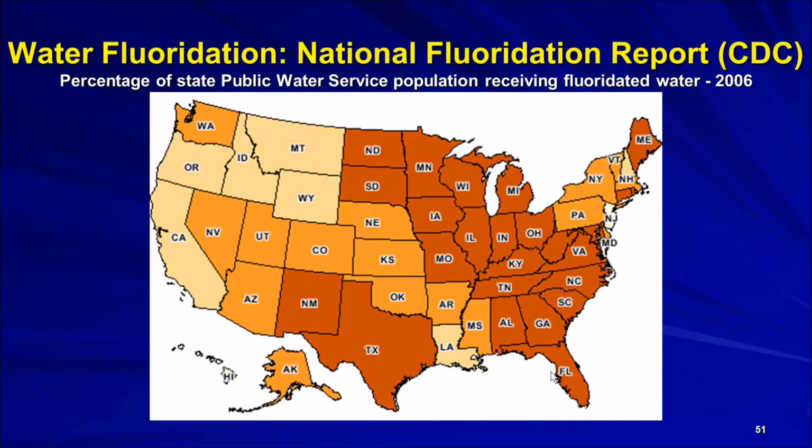The lightest color is through the darkest, and in the darkest, about 75 to 100% of the population are receiving fluoride. In the orange, it's 50 to 74%. In the lightest color, it's 25 to 49%.